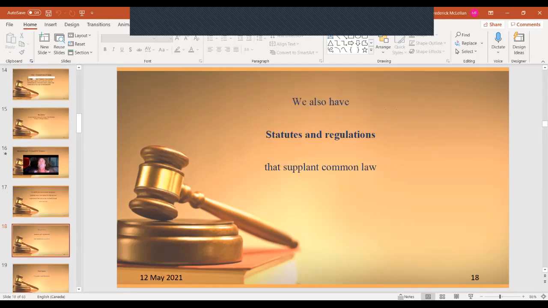We also have statutes and regulations. These are in fact enactments that Parliament passes. If it's Canada, it's Parliament. If it's Ontario, it's the Legislative Assembly in Toronto. So the province of Ontario has its own legislature. Canada has its own parliamentary system. Each of these has the ability to make law as well, in addition to the common law.